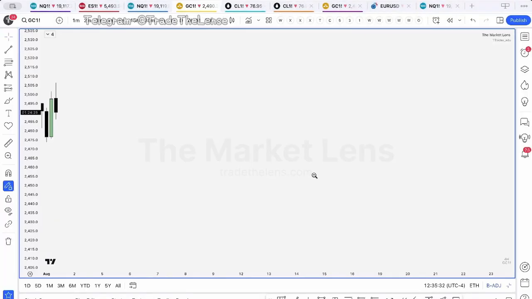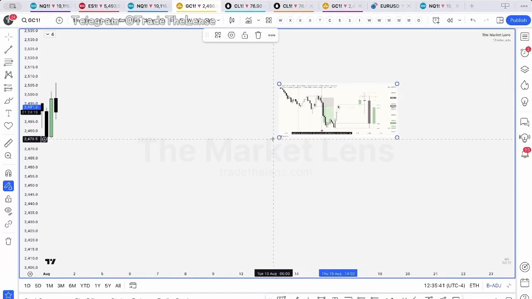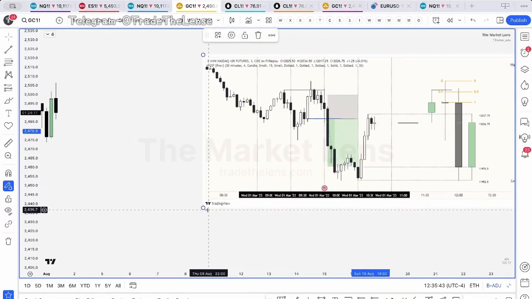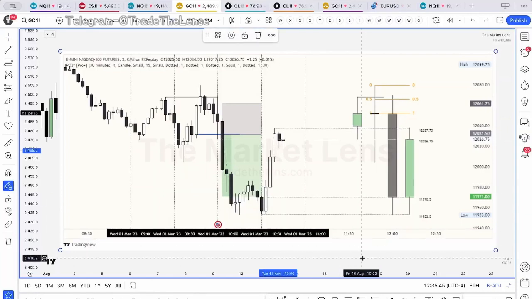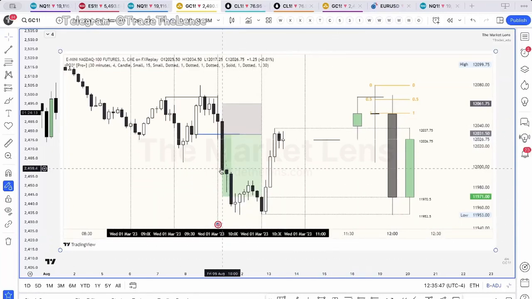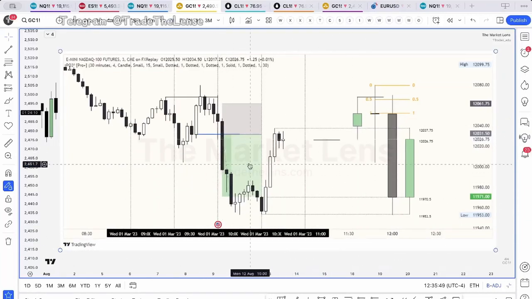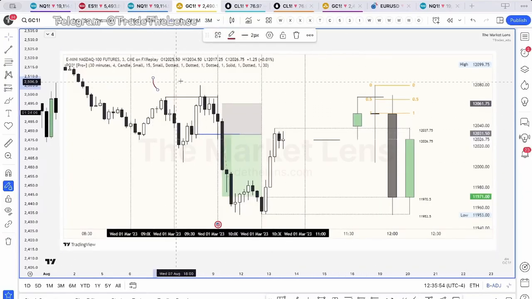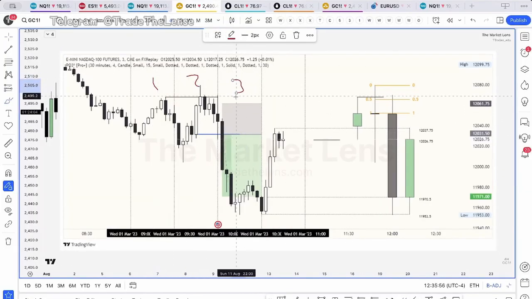In this example, let's see, copy and paste it in there. Just kind of go over it. So in this example, I wouldn't have gotten in this trade because one, here is candle, let's annotate it again. Candle 1, candle 2, candle 3, right?